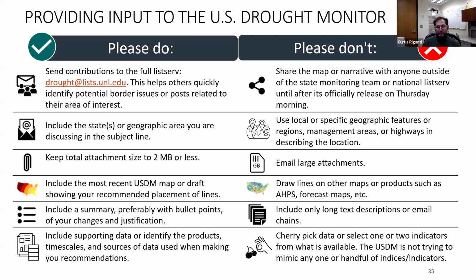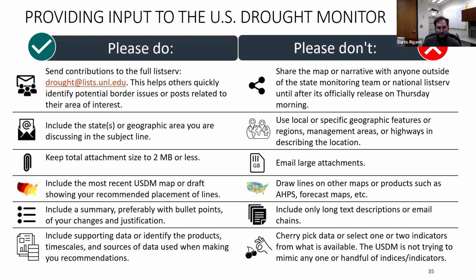Please include the most recent USDM map or draft so that we can see how your recommended placement of lines compares to what the most recent draft is. That assists in interpreting any draft suggestions that you provide.